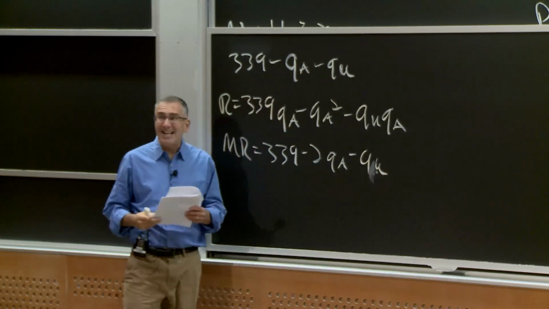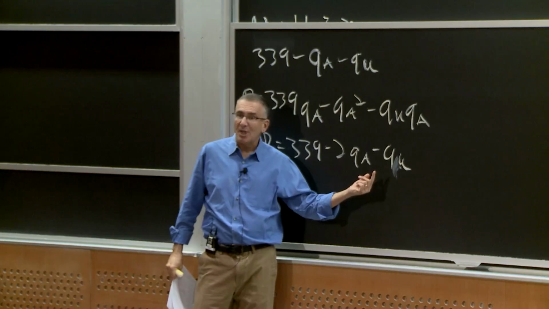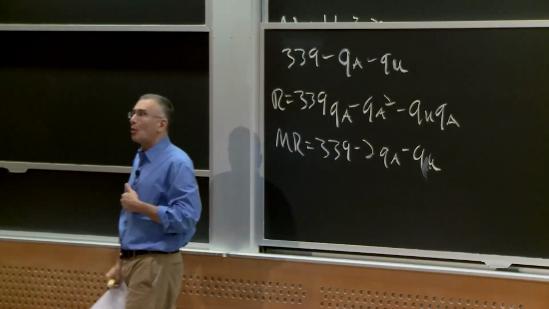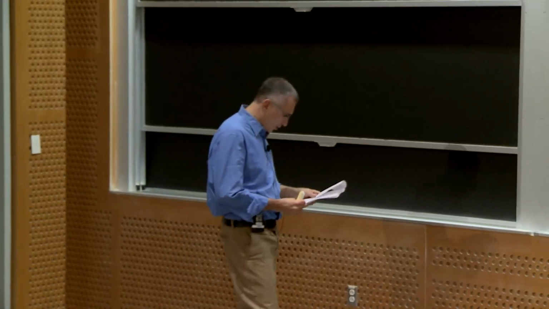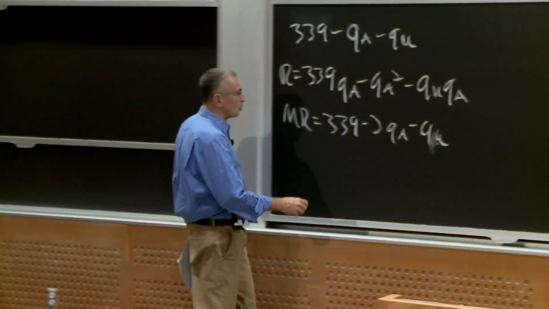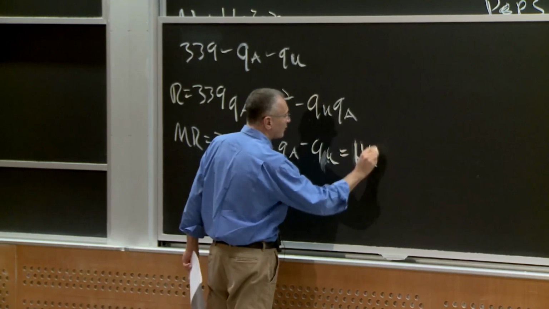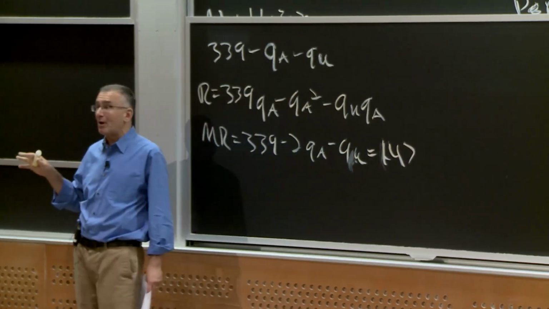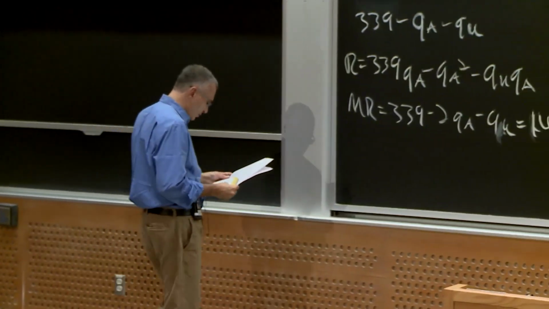So now I've got a new term in my marginal revenue equation I didn't have before in other examples. The other firm's quantity enters into my marginal revenue. So we set this equal to marginal cost, which is $147. Once again, symmetrically, I said marginal cost is $147 for everybody.